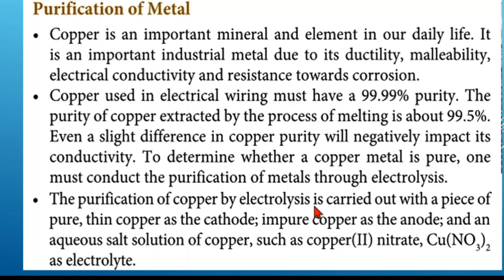Purification of copper by electrolysis, for example, is carried out with a piece of pure, thin copper as the cathode. Okay. Kita mesti ada pure copper. Pure copper kita letak di cathode. Yang impure copper kita letak di anode.